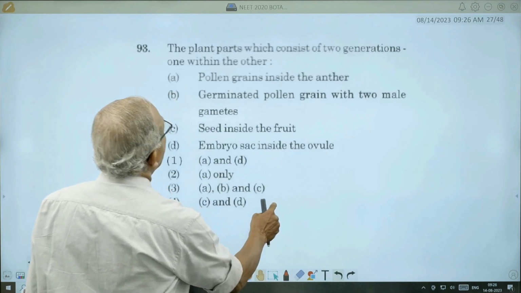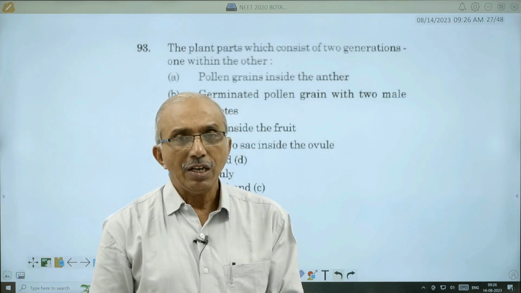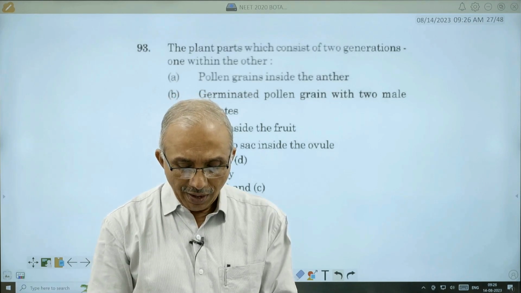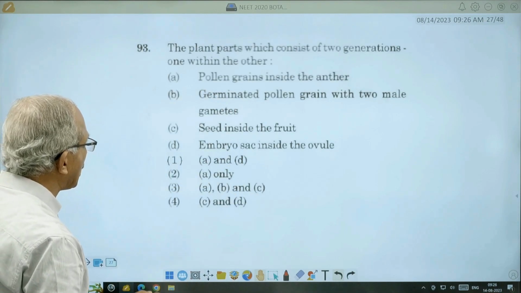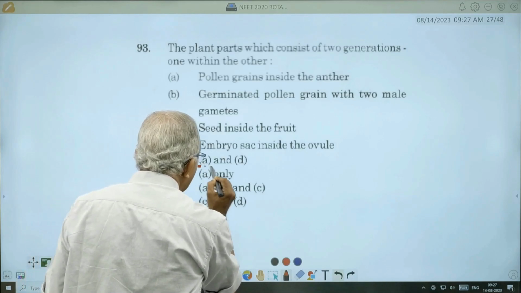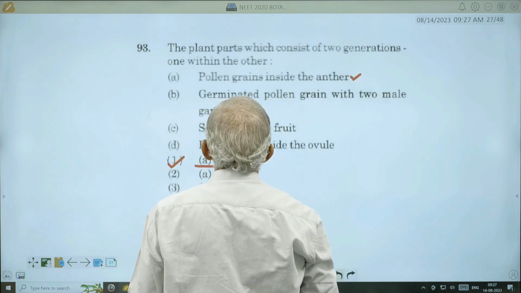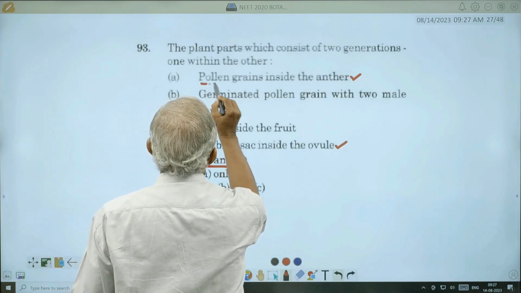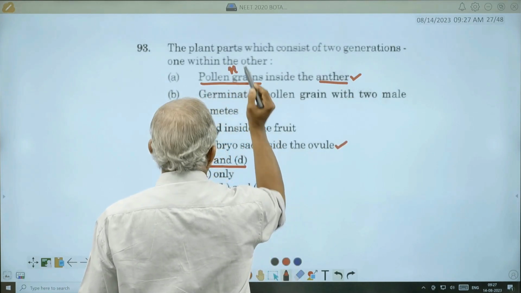Then, the plant part which consists of two generations, one within the other. Here the answer is 1, A and D, because pollen grains are inside the anther.